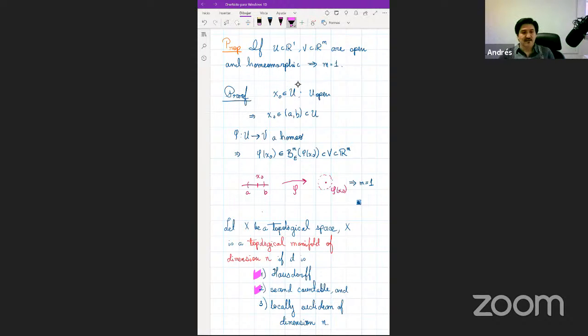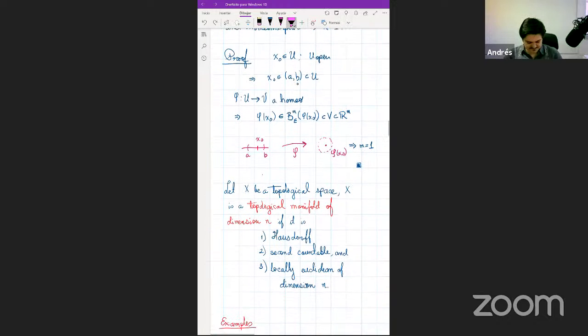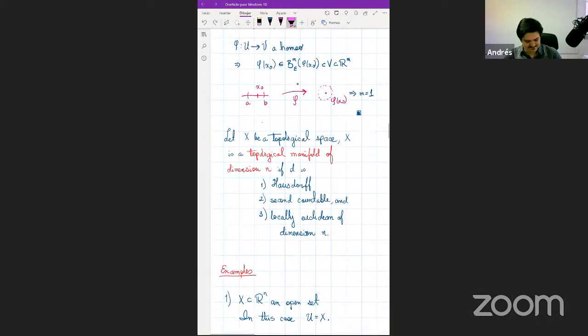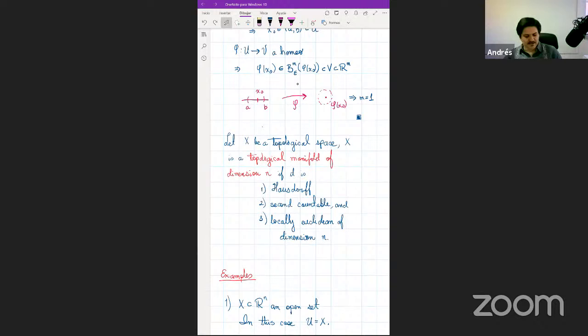So that would, for us, be a topological manifold. These two always hold when X is inside Rn with the induced topology. You will always have Hausdorff and second countable. So these are examples of topological manifolds.